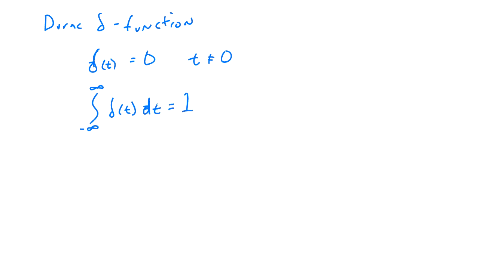And if you integrate this with the function f of t, and let's say this is t minus a, then it's going to be 0 everywhere when you multiply these two together, and then when you get to the point where t is equal to a, that's when you're going to get f of a, which is a non-zero solution.